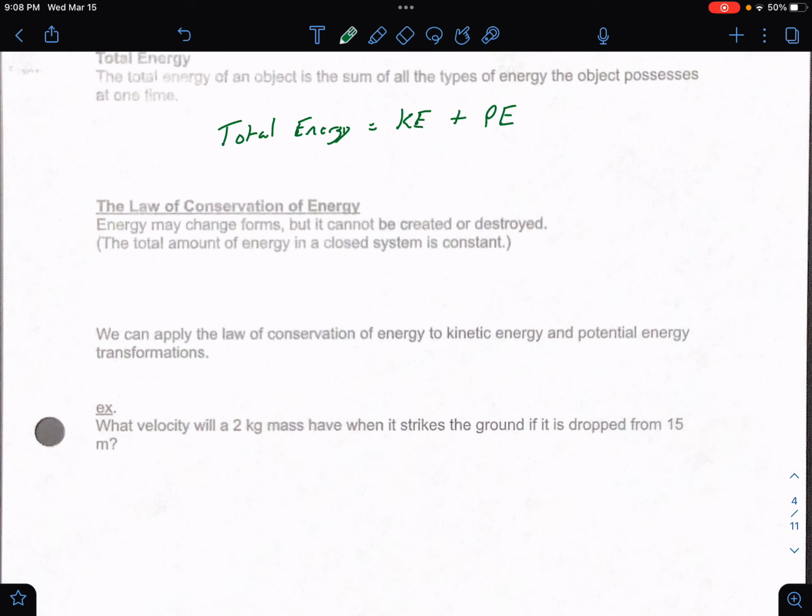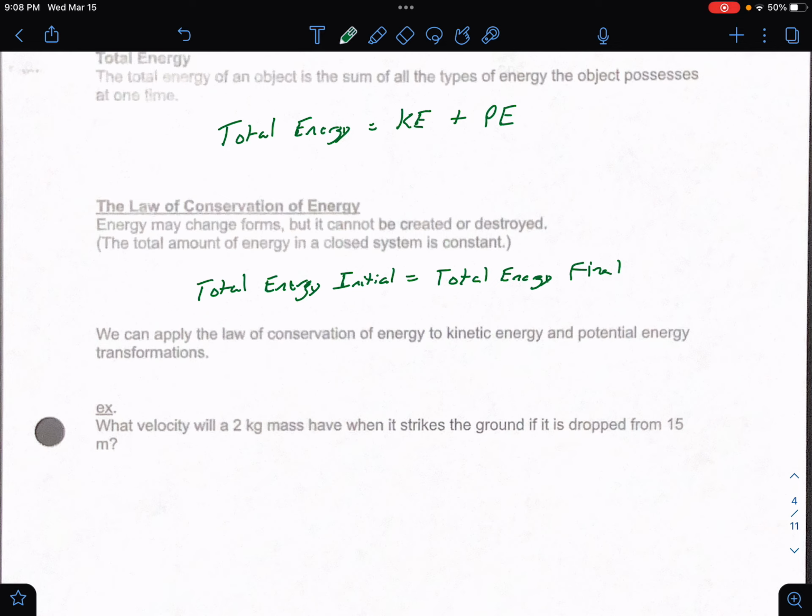So the key thing here is total energy initial equals total energy final. Whatever total energy you had in the beginning better be the same as you had in the end.